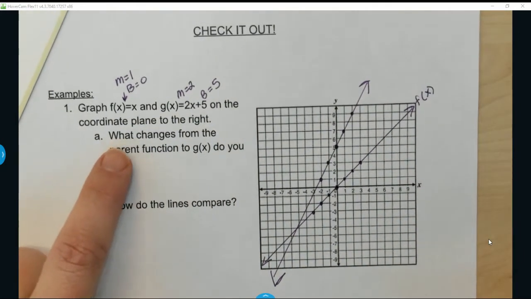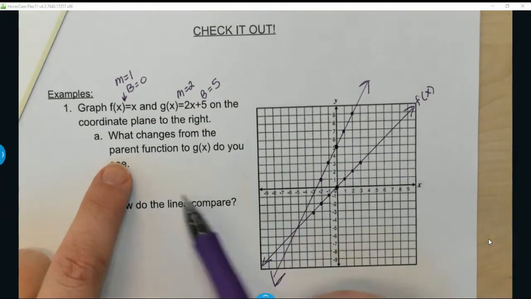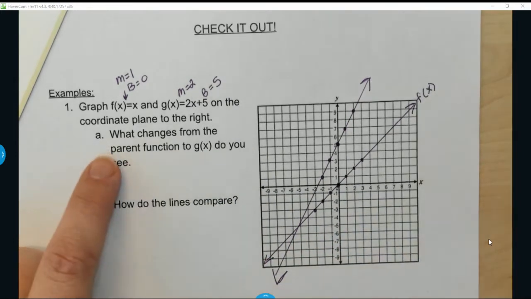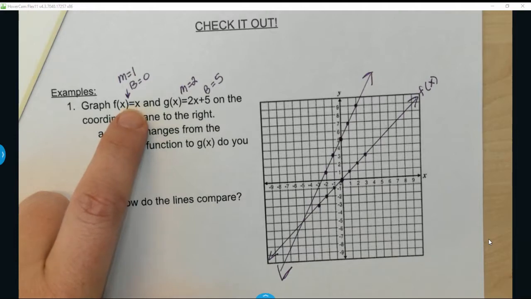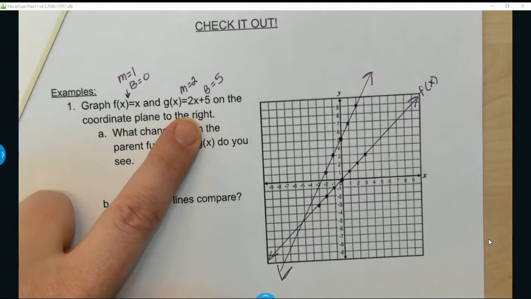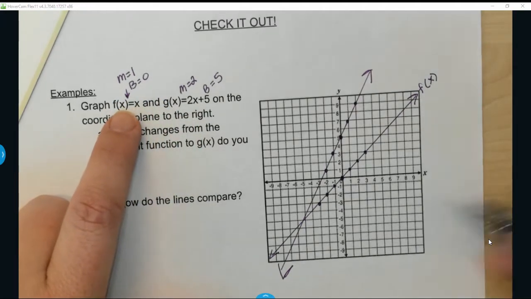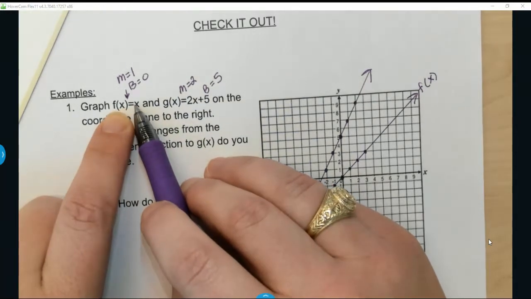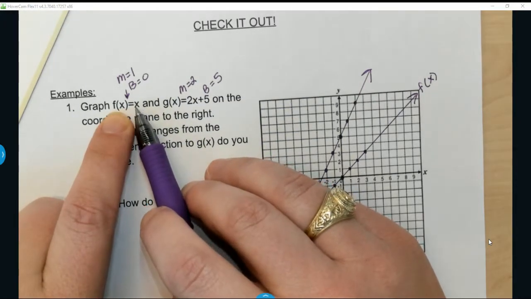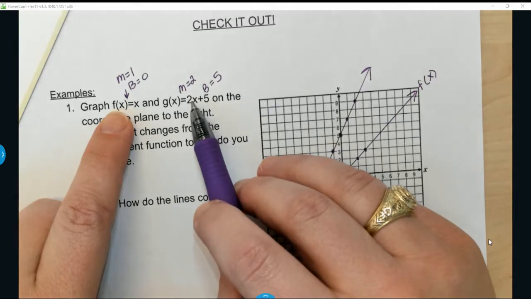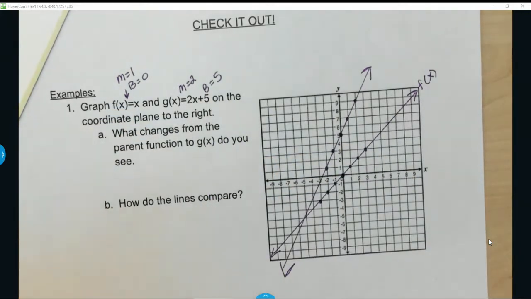The question says, what changes from the parent function to g of x do you see? Well, when I look at the parent function, the changes that I see is that the slope is 1 here, the y-intercept is 0, the slope is 2 there, the y-intercept is 5.